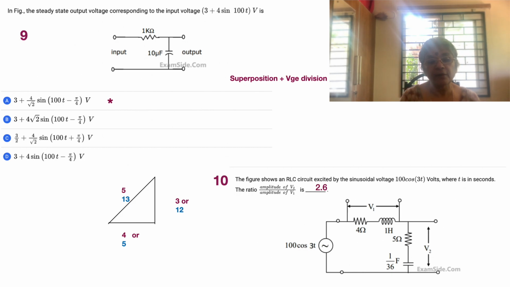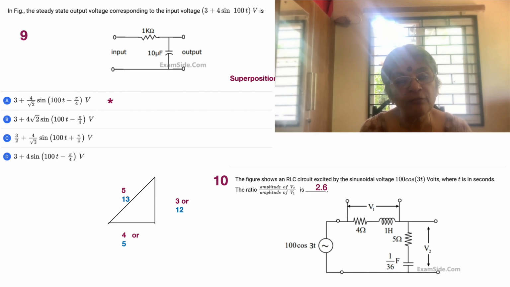So 13 by 5, 2.6, is going to be the ratio across the voltage dividers formed by two separate impedance branches. One is the series element, which has 4 plus j3, and the other is going to be 5 plus j12. Now we have taken the impedance directly, so every angle has been taken into consideration, so we don't have a problem. We just take the voltage division as the impedance division.